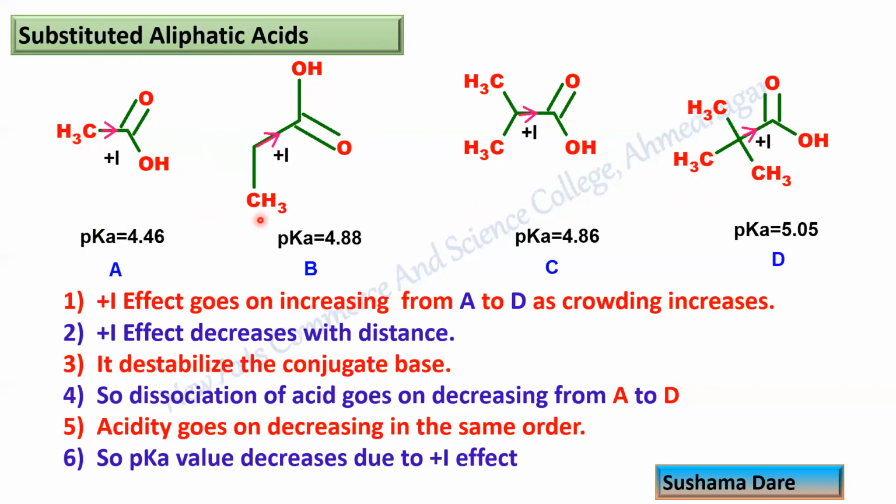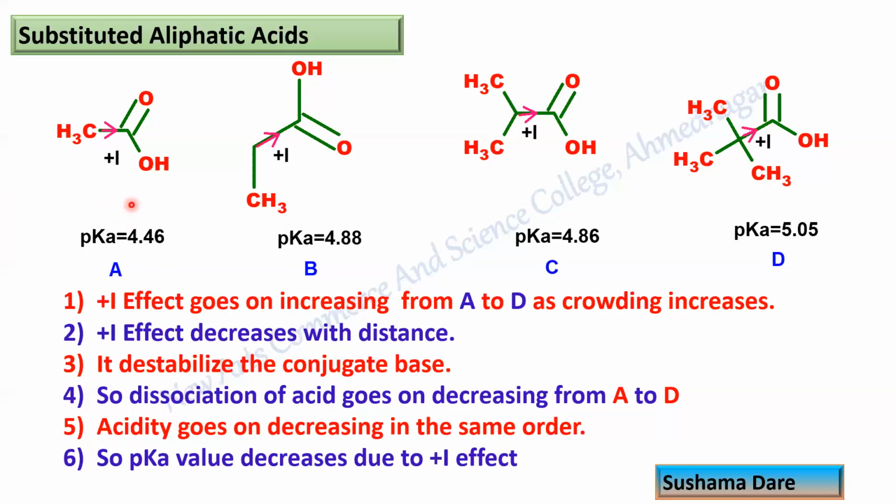So from that we conclude there is an increase of substitution, and that substitution is again a methyl group, an alkyl group, which means the electron donating inductive effect goes on increasing. So as you start adding alkyl groups at the alpha carbon, the acidity goes on decreasing.